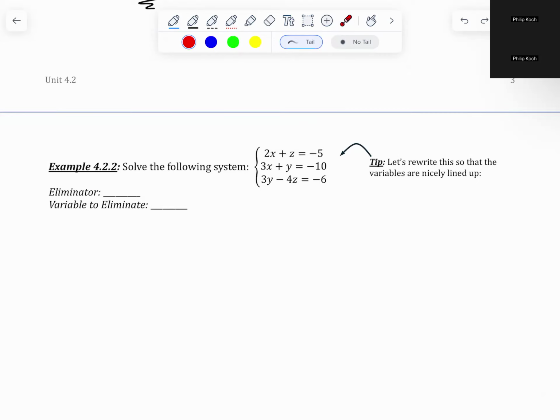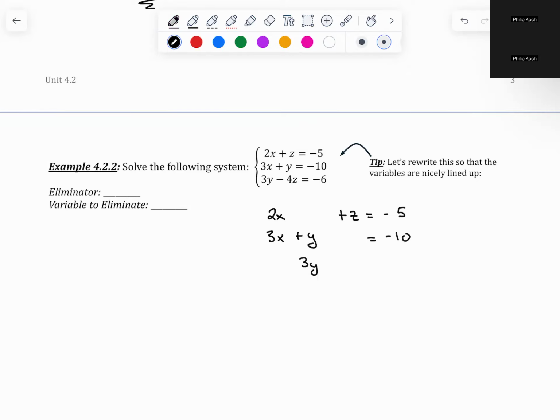So we can rewrite this a little nicer and write this as 2x, and we can leave a space, or you can write a plus 0y if you want to. I'm just going to leave it blank, but it's okay to do that. And then plus z equals -5, and then 3x plus y equals -10, and then 3y minus 4z is equal to -6.